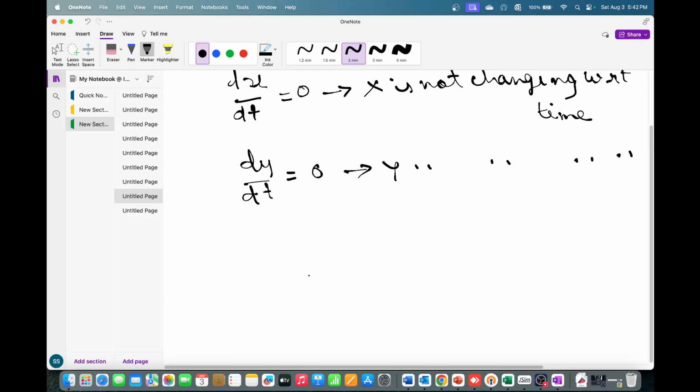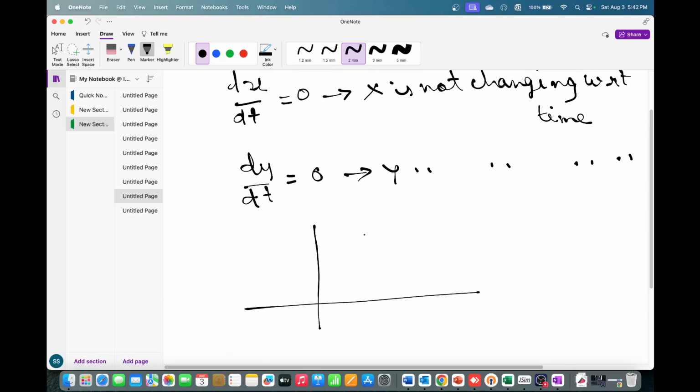Now let's assume this is a line for which dx/dt equal to 0, I'll draw a curve like so, and this is another line where dy/dt equal to 0. Along this line dy/dt equals 0, and along the green line dx/dt equals 0. Both are your nullclines, and they are not meeting.